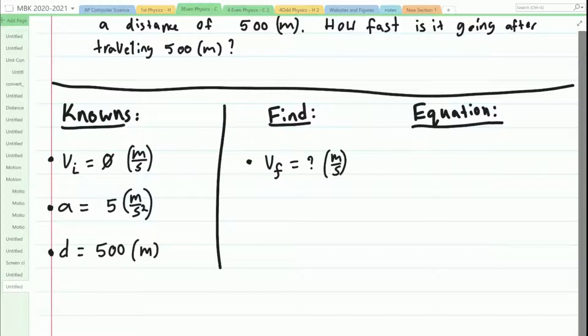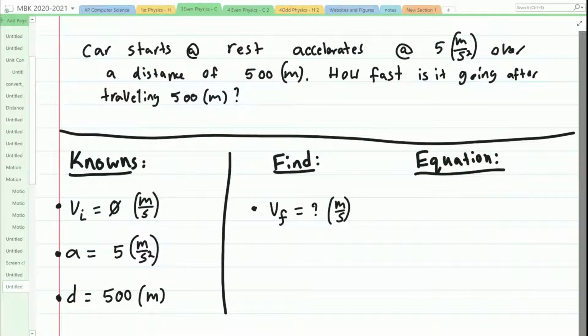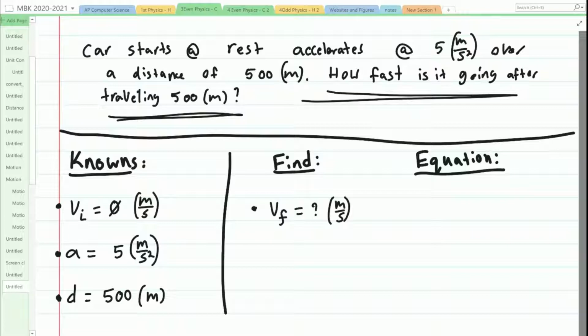What's up, Sakura? You good? Sorry, I forgot to put the whole point of the question. Like, what is it asking?